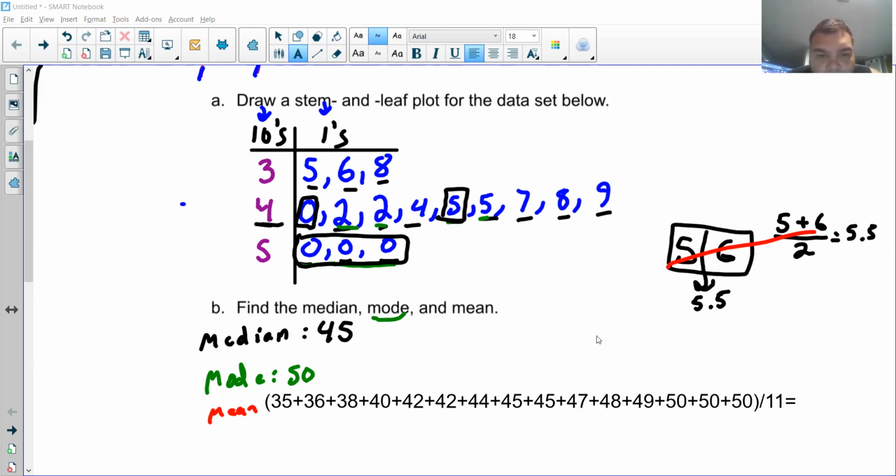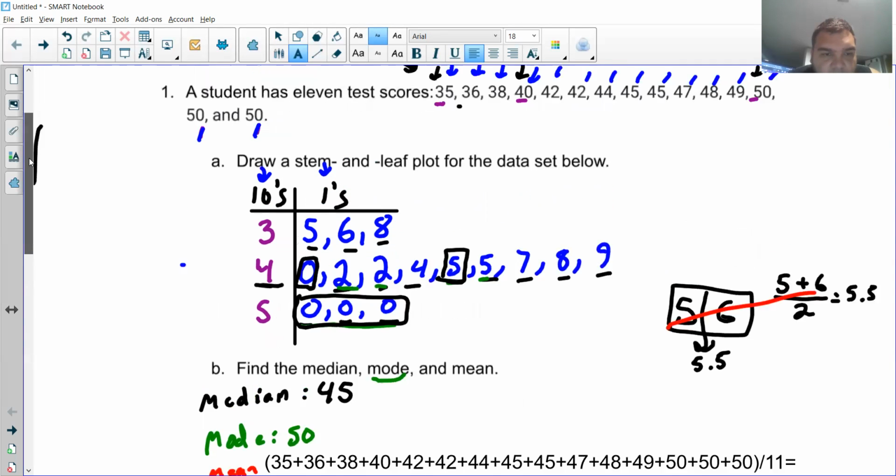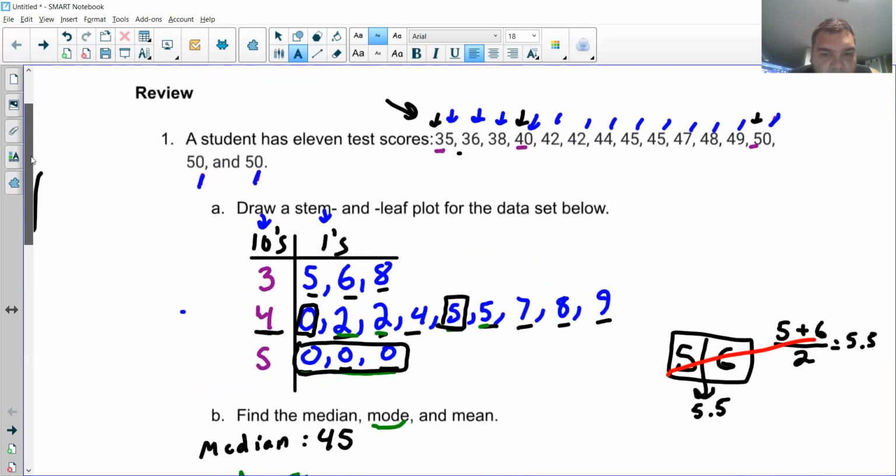What am I doing now? 1, 2, 3, 4, 5, 6, 7, 8, 9, 10, 11, 12, 13, 14, 15. For whatever reason, this is a mistake right here. It is not 11 numbers. There's 15 numbers. Okay, whatever. My fault on that. So you should divide it by 15, not 11. Yeah, that makes more sense.